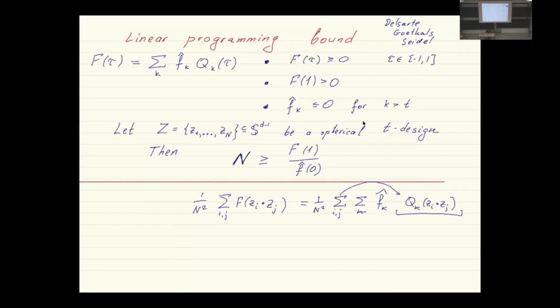Okay, so you're just left with the sum over n squared, the sum over k starting from t plus 1 to infinity, f_k.